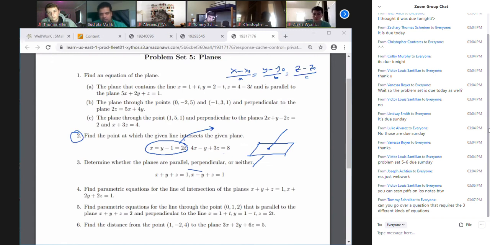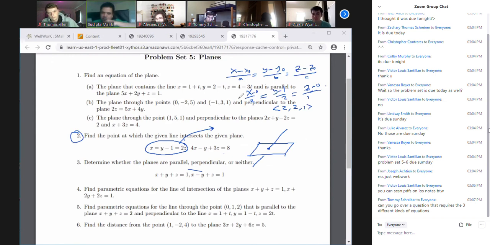So you need to divide by 2. If you compare that, it would be x over 2, y minus 1 over 2, z over 1, right? So you can clearly see this line goes through the point (0, 1, 0), and the direction vector is (2, 2, 1), right?